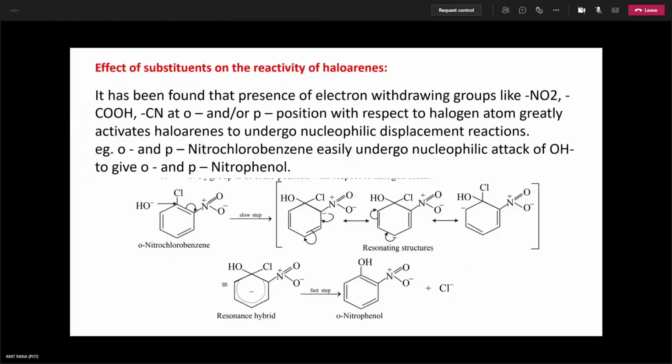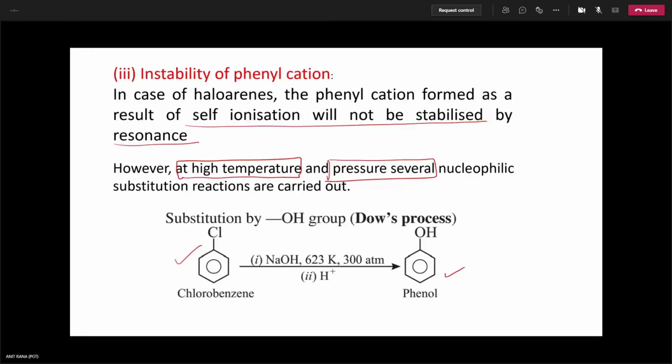Next comes the effect of the substituents on the reactivity of haloarenes. Now what will happen in the same reaction of chlorobenzene if I substitute some hydrogen atom by some other group, and the group is electron withdrawing?